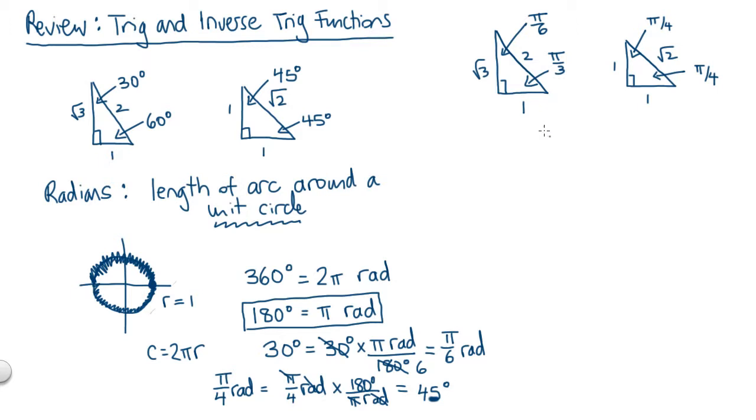Well, let's get into a little calculation now of how we actually calculate the values of the trig functions. We need to remember Sohcahtoa anytime we want to do something like calculate, say, sine pi over 6. So if we want sine pi over 6, let's remember sine is equal to the opposite over the hypotenuse.